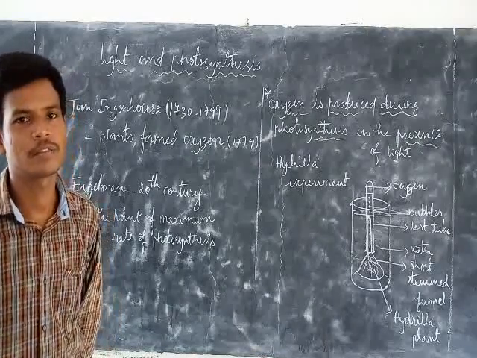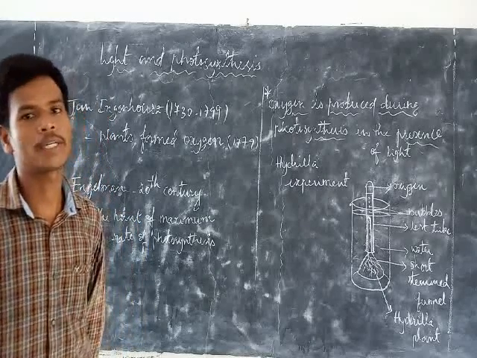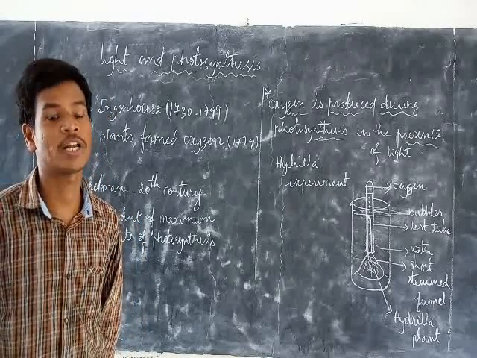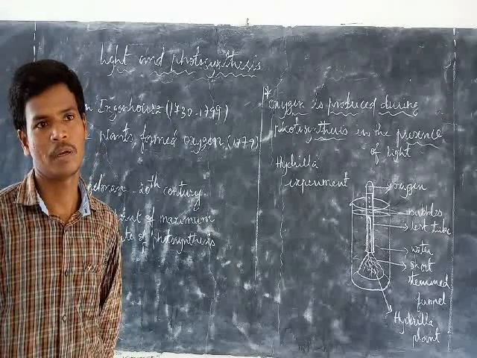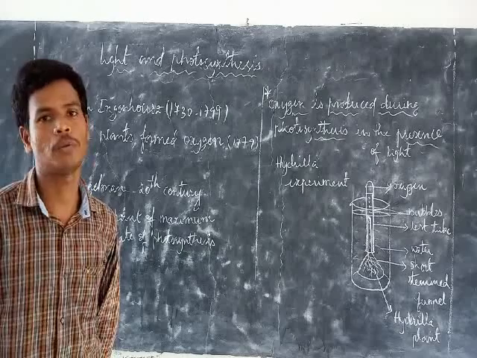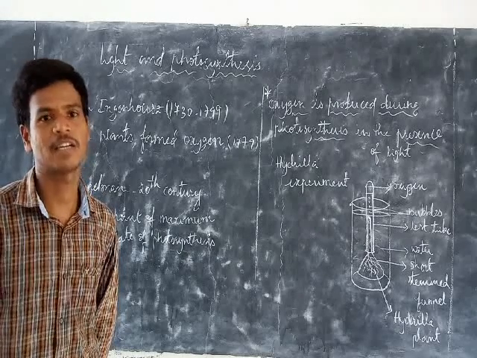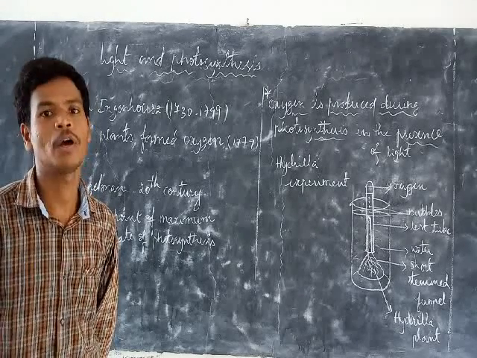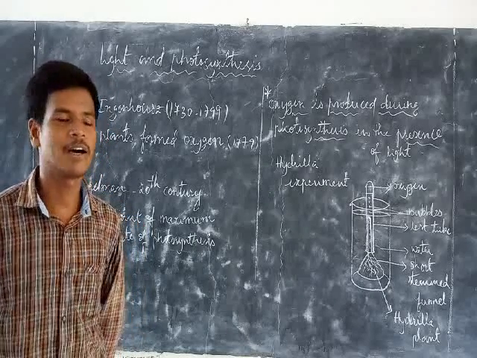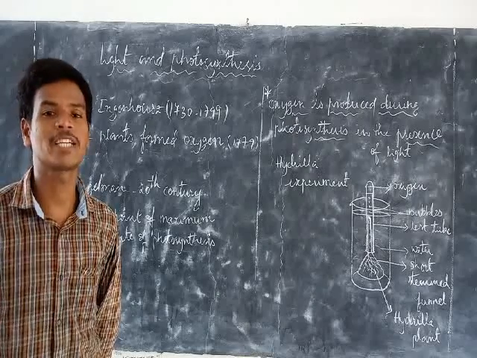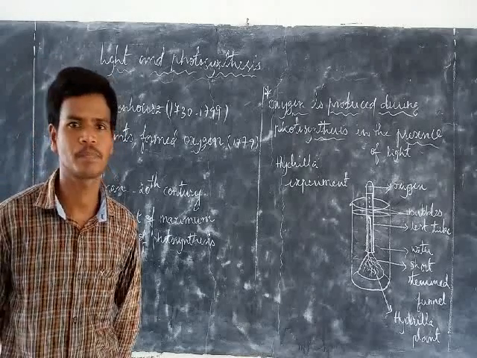Okay students, so far we have studied water and gases, which are essential for the process of photosynthesis, and their role also. Some factors are very important for the process of photosynthesis, and there are many experiments in this lesson.